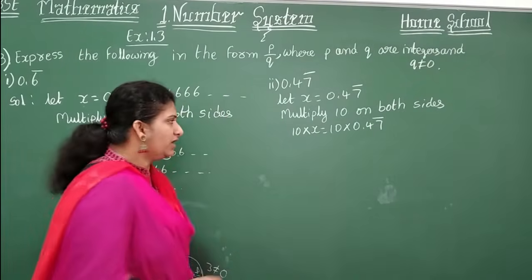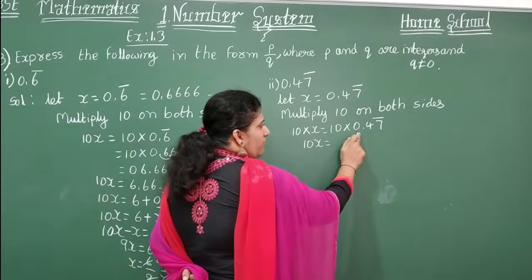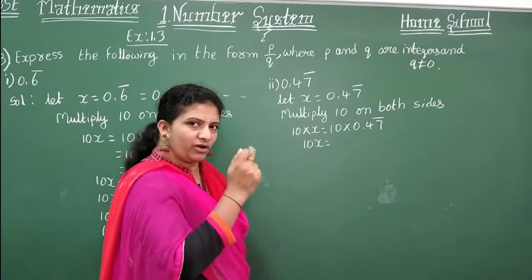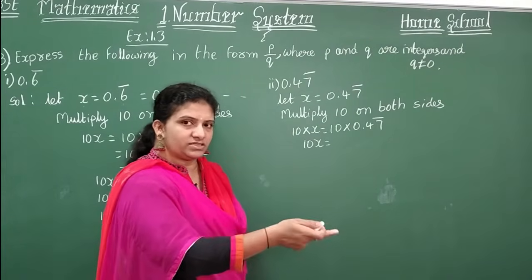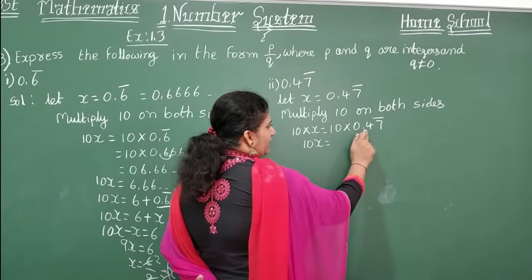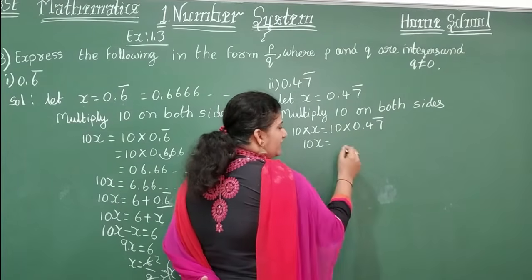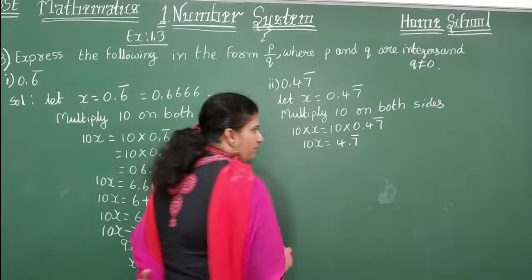So observe here, 10 into x will be 10x. And if you multiply any decimal by 10, your decimal point will be shifted one digit towards right side. So here, this point, if you multiply 10, what happened? This point will be shifted here, 4.7 bar. 0, no need of writing, 4.7 bar.